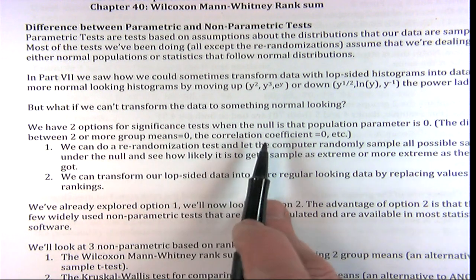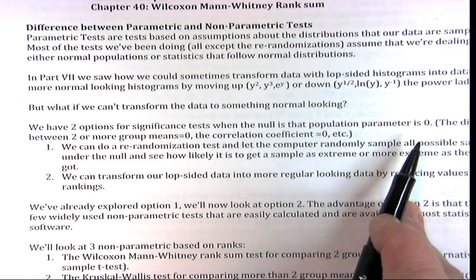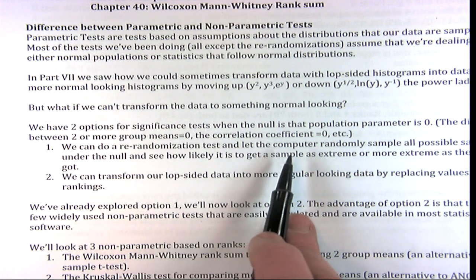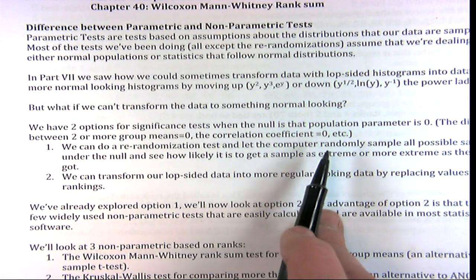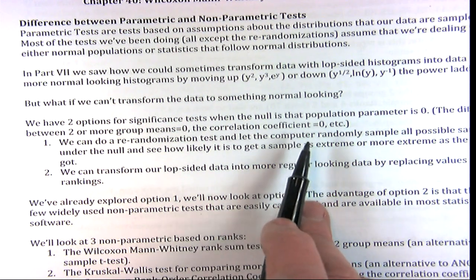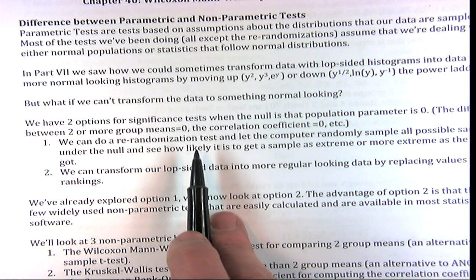When the null is that the population parameter is 0, or that the difference between 2 or more groups is 0, or the correlation coefficient is 0, it's called the strict null. When you're testing the strict null, which is the null we've always been testing, we can do a re-randomization test, a resampling, and we've done those.